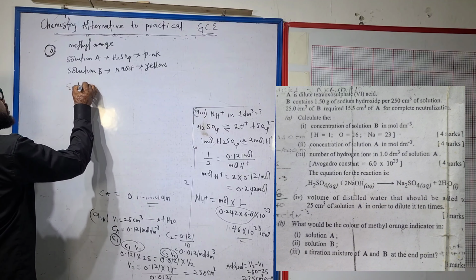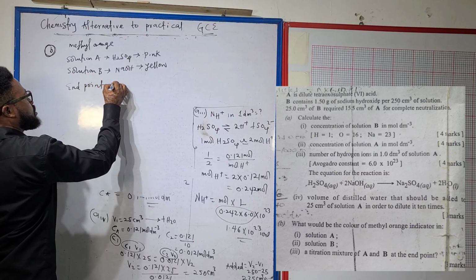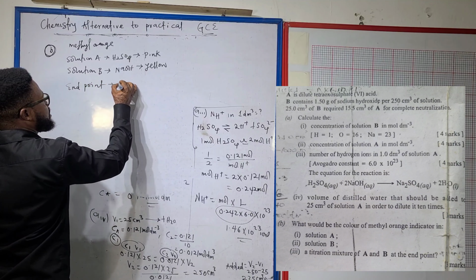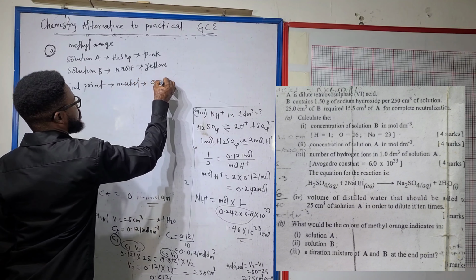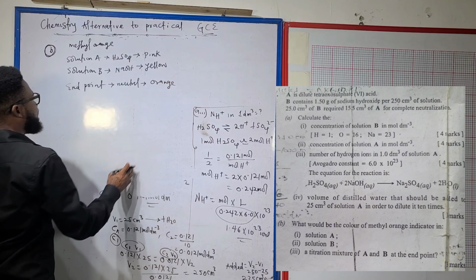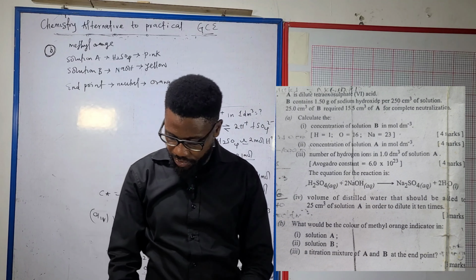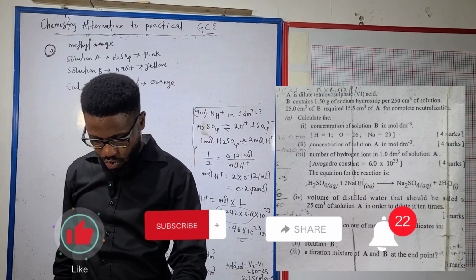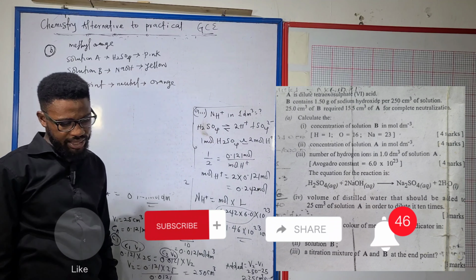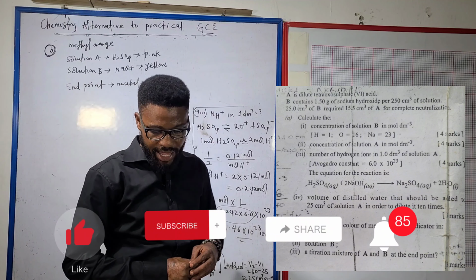At the end point, it is neutral, so that is going to be orange. That is talking about indicators, which we already explained in one of our contents. So with that, we've been able to attempt this probable question.